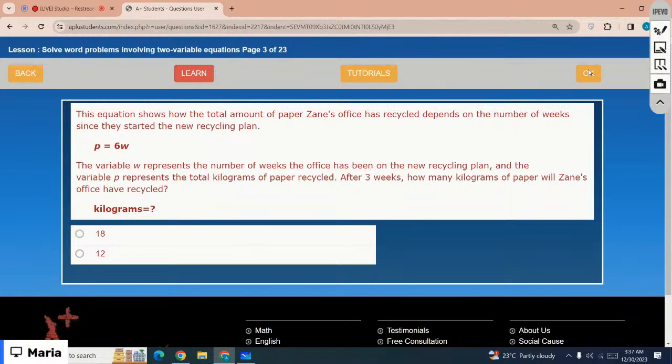The variable W represents the number of weeks the office has been on the new recycling plan, and the variable P represents the total kilograms of paper recycled. After 3 weeks, how many kilograms of paper will Zane's office have recycled? Which is the correct option?